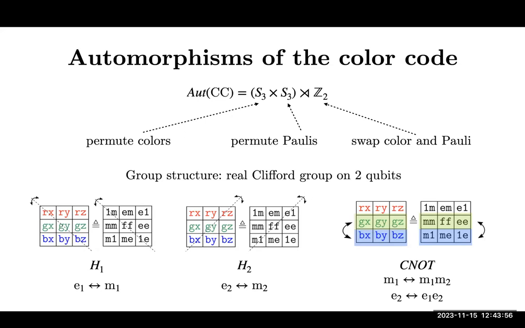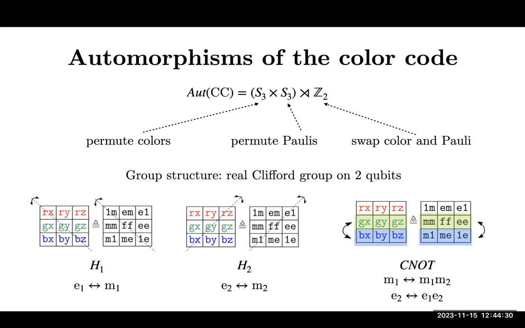So roughly in terms of anyons, you should think of it as 2 copies of the toric code, and if you think of M as Pauli X and E as Pauli Z, then the automorphism that swaps E and M is like a Hadamard. And then there's this so-called 2-qubit gate CNOT that does this automorphism. It turns out that these generate the full real Clifford group on 2 qubits. That's exactly the same 72, but written with different generators.